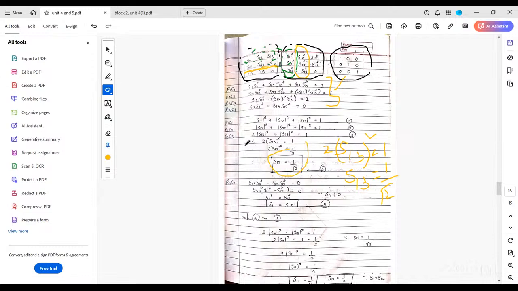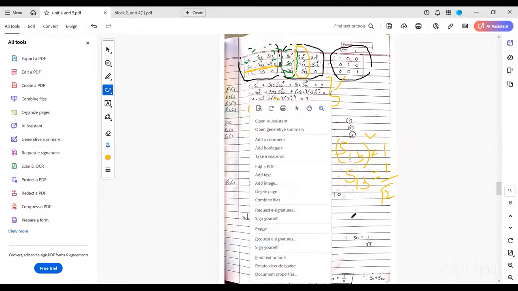Next, R3, C1. In R3, C1, what is common in both? S13 is common. Here we got S13 as some value, which means S13 is not equal to 0. So finally we get S11 equal to S12.